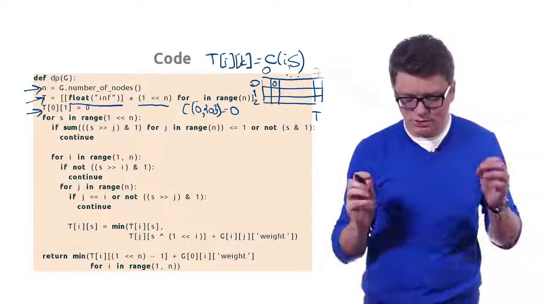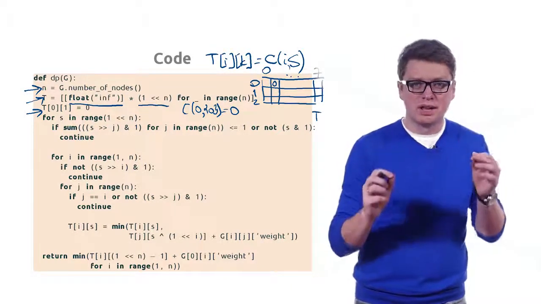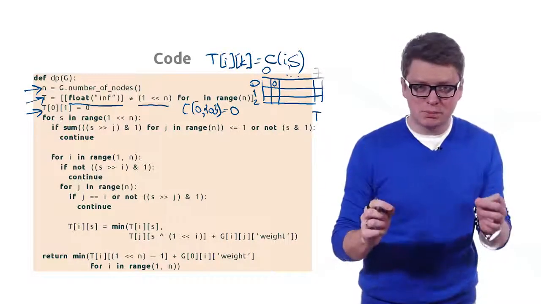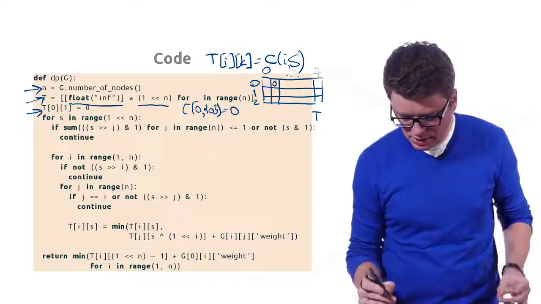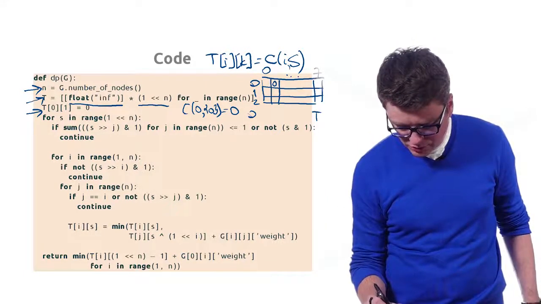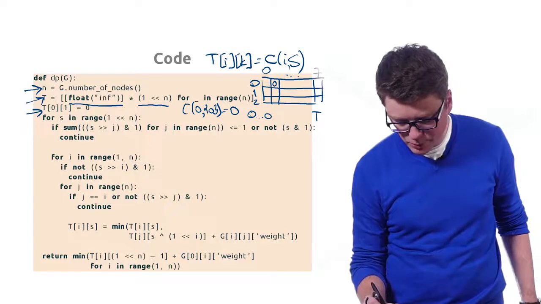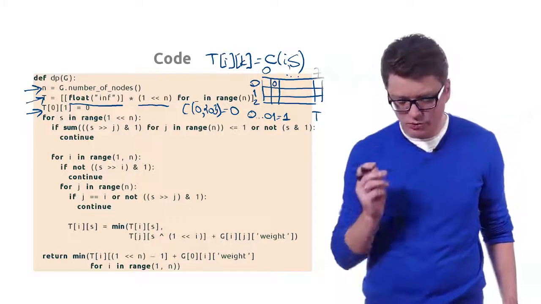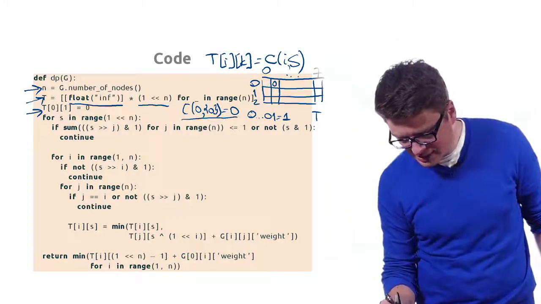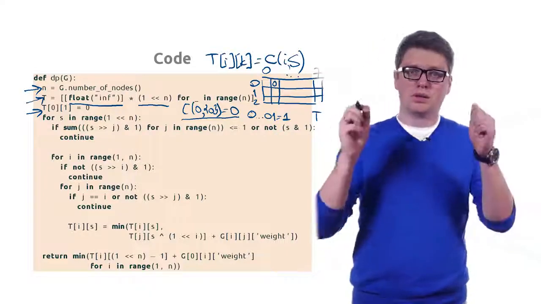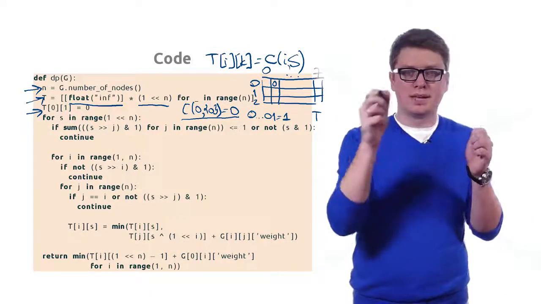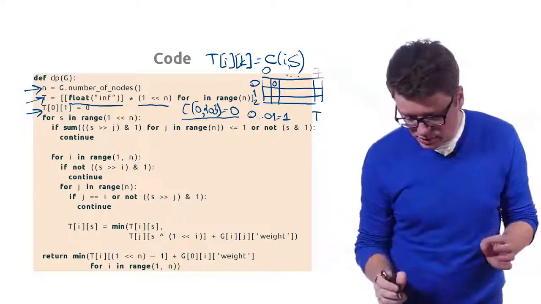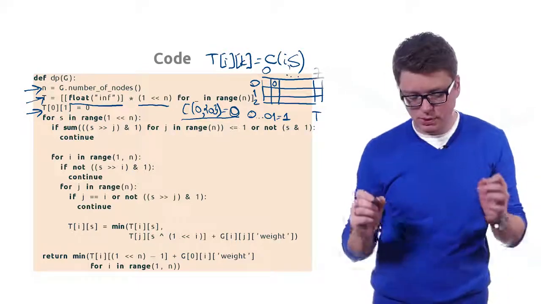Recall that the corresponding number is 1, because this is a number whose binary representation has zeros everywhere except in the zeroth position, and this is 1 in decimal representation. This reflects the fact that if we need to start in the node 0 and then visit only the node 0 and no other nodes, then we do not need to pay anything. So it is just equal to 0.